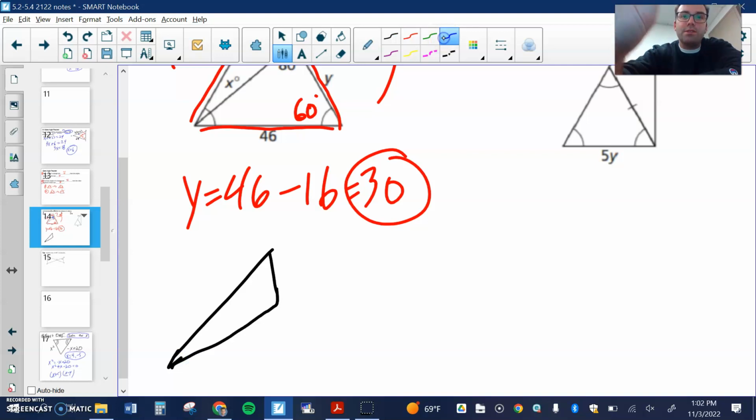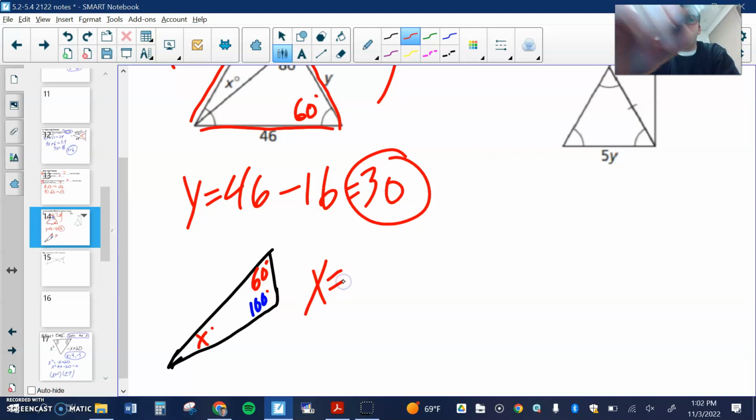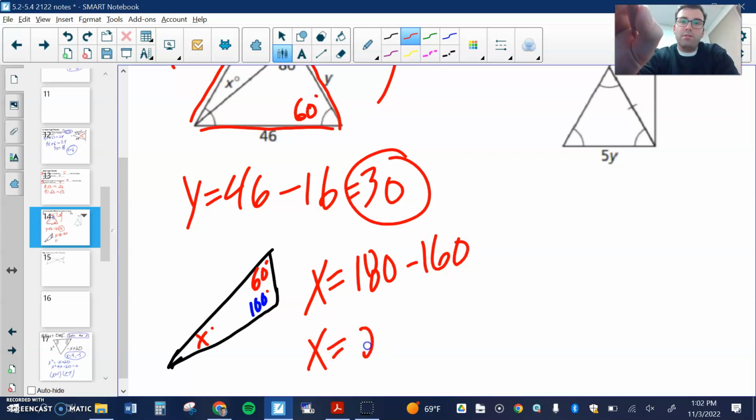So this was 100, this was 60, and I need to find my x value. These are angles in a triangle, and angles in a triangle must add up to 180 degrees. So x would be 180 minus 160, so x is 20.